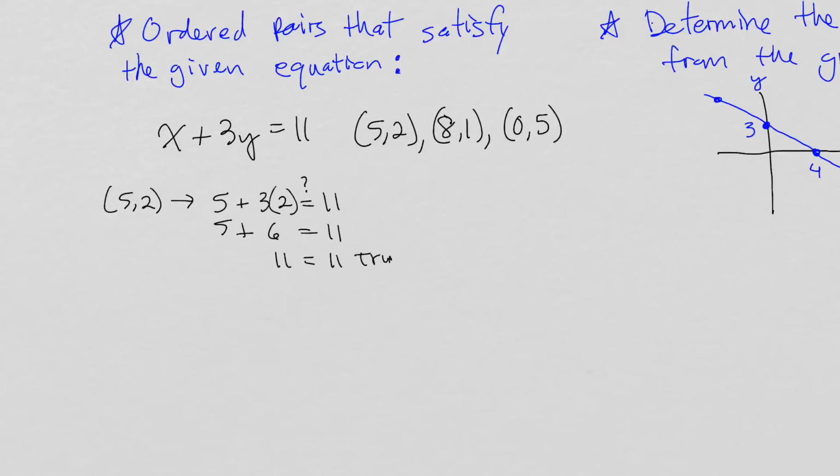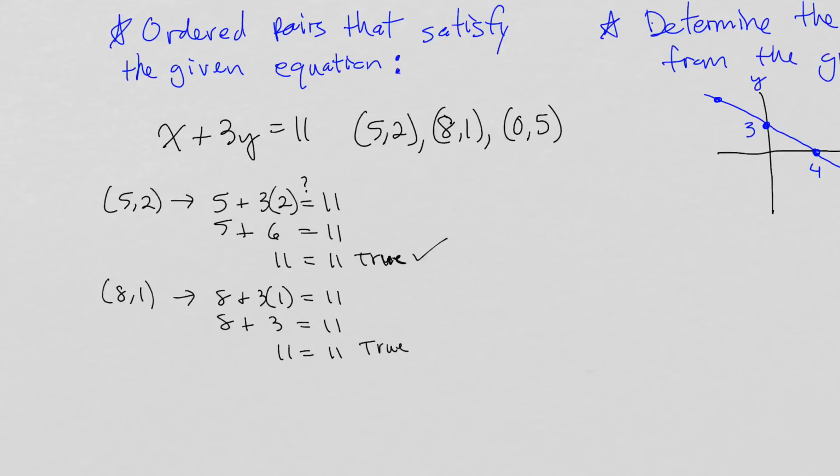Since it is a true statement, it is selected. Next, we look at the next ordered pair, and that's going to be 8 plus 3 times 1, and that's also going to be 11. Since we have a true statement, it's also going to get selected.